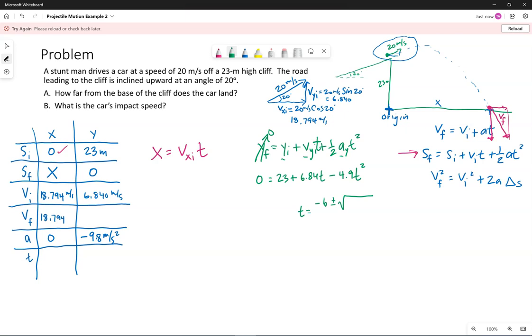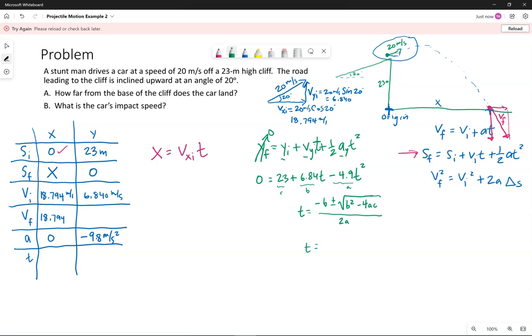negative b plus or minus the square root of, okay, square root of b squared minus 4ac all over 2a. So a is the coefficient in front of the t squared term, b and c.